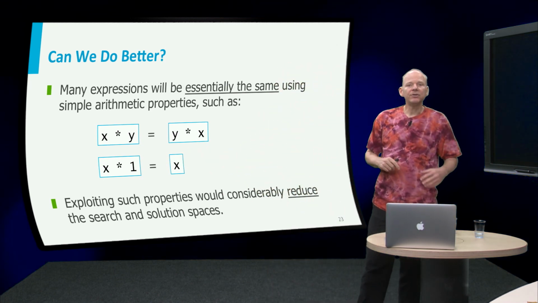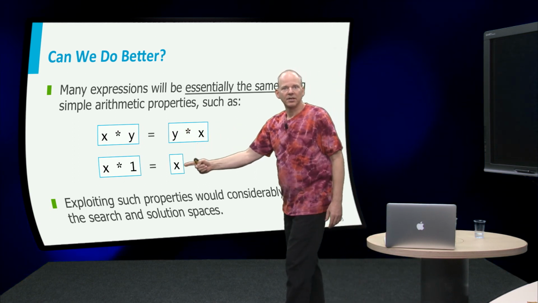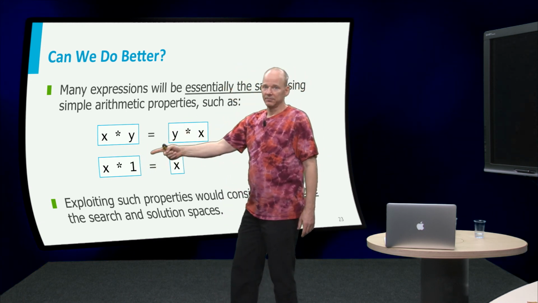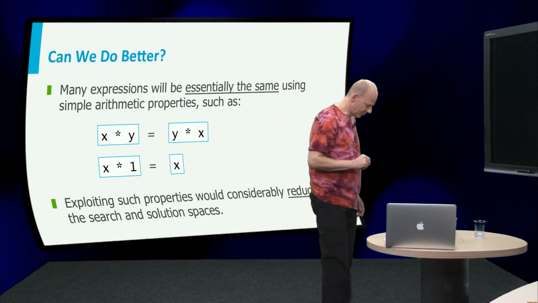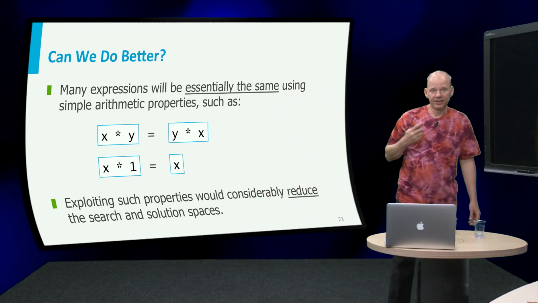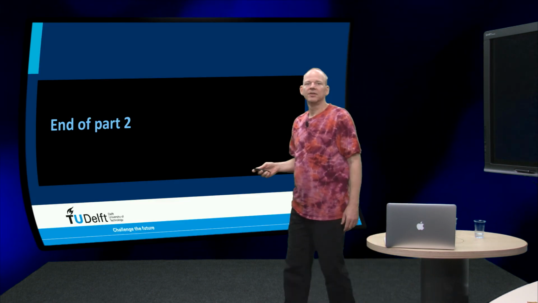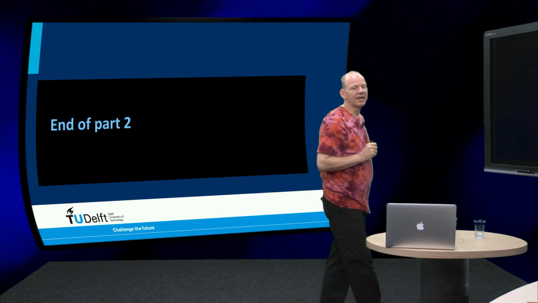If we use these properties, we won't be using the expressions here on the left, because they are considered to be the same as the expressions on the right. So hopefully we can reduce the search space for this. And that's what we will do in the next part.